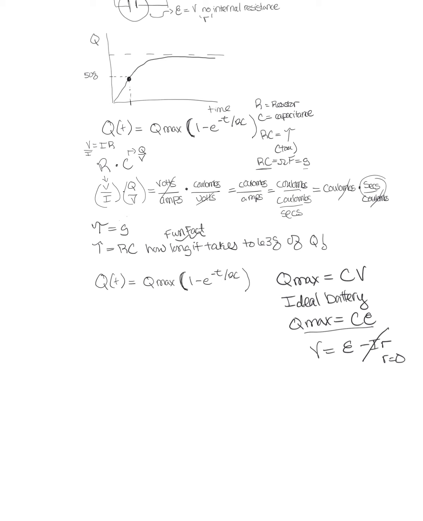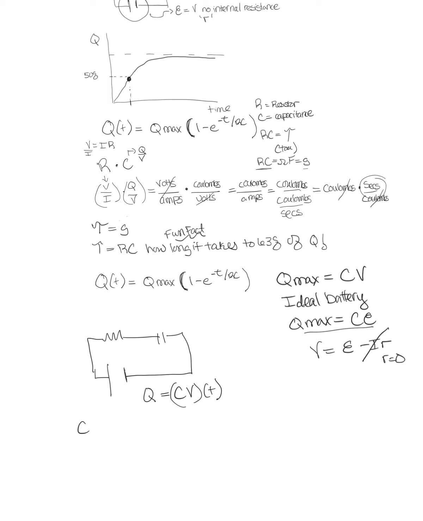Now, what if you want to find the voltage on a capacitor? Well, let's draw our capacitor here. And say this is our equation. Q equals CV times T. You want to find it at a certain time.